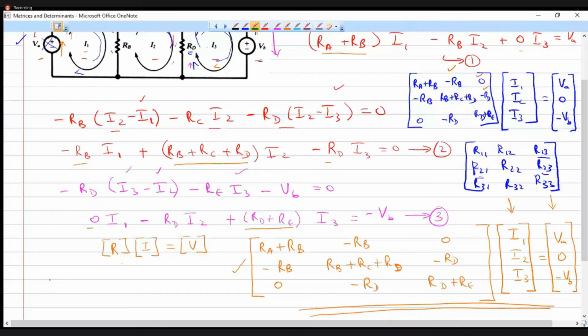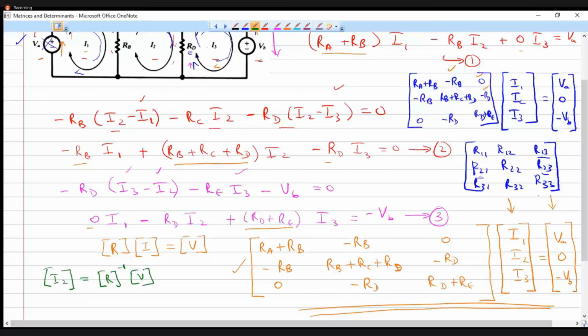So I1, I2, and I3 matrix is nothing but R inverse, the R matrix inverse, into the V matrix, right?